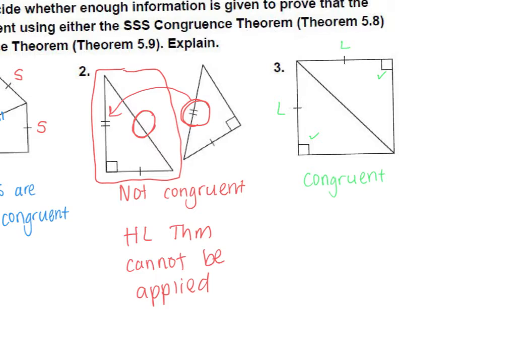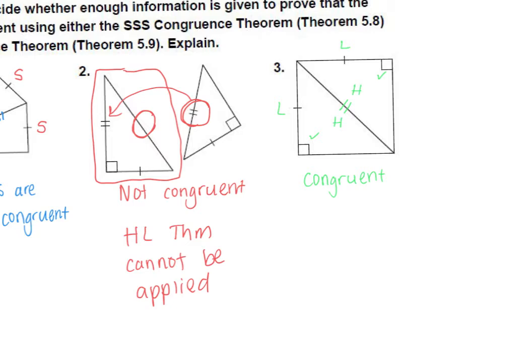But are the hypotenuses congruent? Which of these sides is the hypotenuse? The middle. The shared one in the middle. Very good. So if they both share it, right, then this hypotenuse must be equal to this hypotenuse.